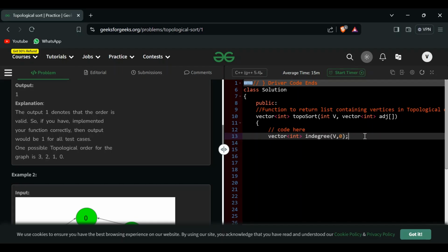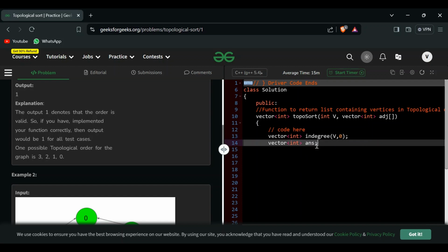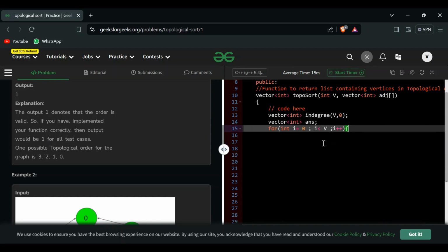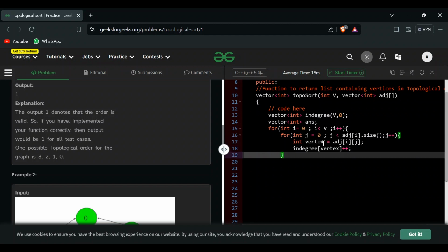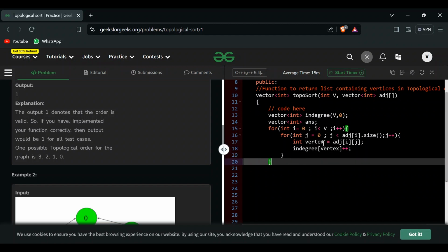Let's look at the code quickly. First we have an in degree array initialized with 0. Then we have the topological sort answer, in which the sorted order is stored. Then we loop through the adjacency list to mark the in degree, that is, which vertices are pointed to by that vertex.